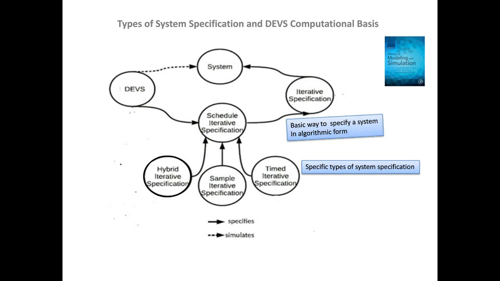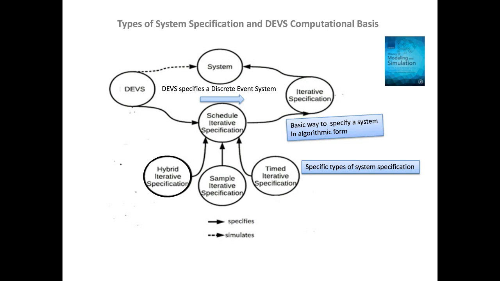So DEVS itself is a way to specify a system, and a particular kind of system, a system where time goes through in a continuous manner, but events are what drive the state changes, and events occur over time rather than the system being stepped in fixed time steps to update states.